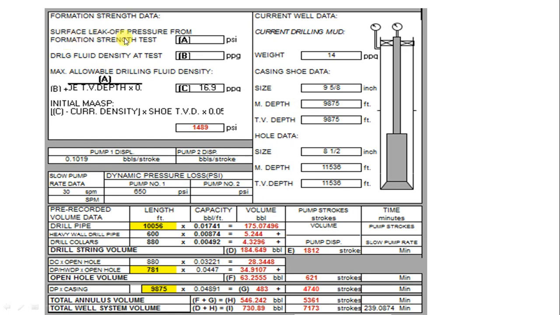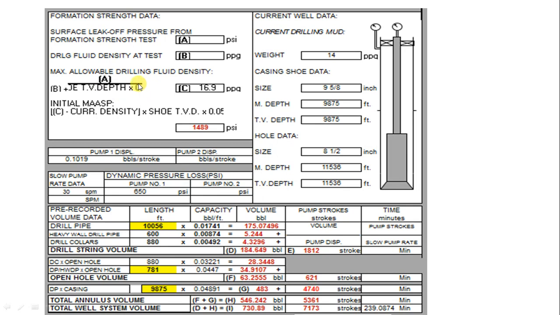Here's a surface leak-off pressure. Sometimes he doesn't give you the maximum allowable drilling fluid density, but he gives you the surface leak-off test. So if the question gives you the surface leak-off test, it will be put here as A, and the drilling fluid density of the test as B, and you can make the calculation as B plus A divided by true vertical depth multiplied by 0.052.